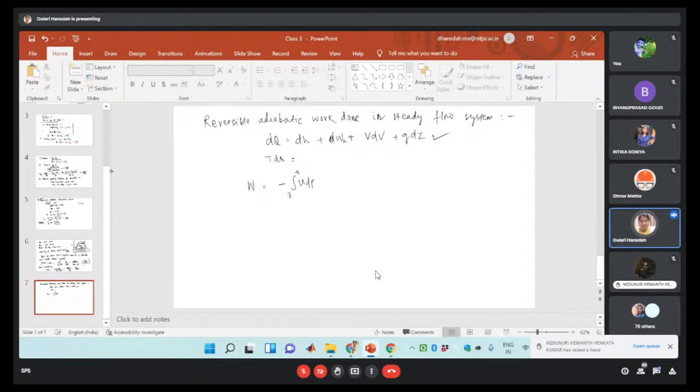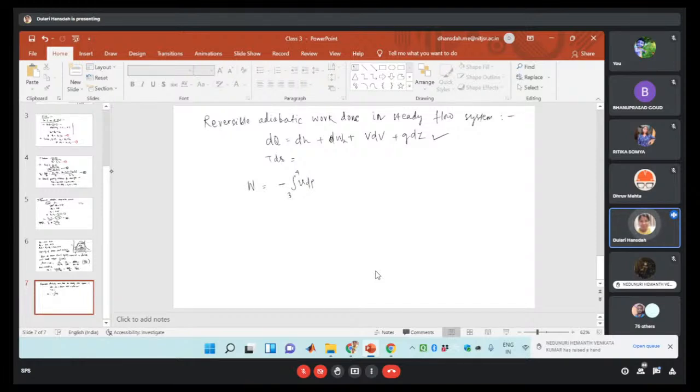Reversible adiabatic work done in steady flow system. So here it is the pump case I have written. So that is minus integration of V dP. From this equation, we can see that your work is closely associated with your specific volume change, right? It is related to the specific volume and your pressure change.